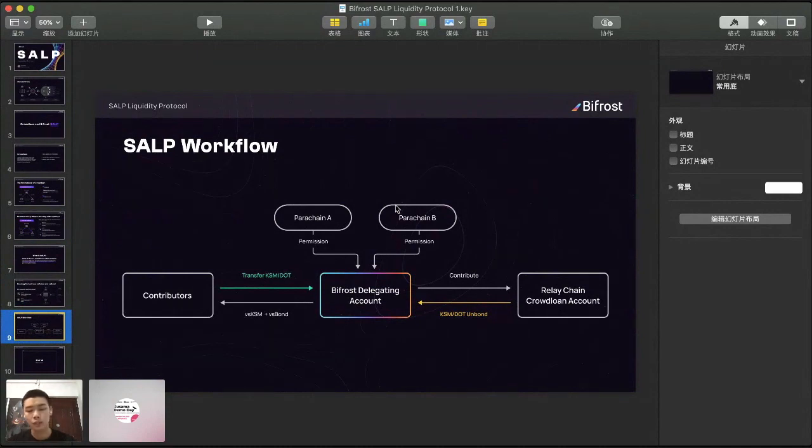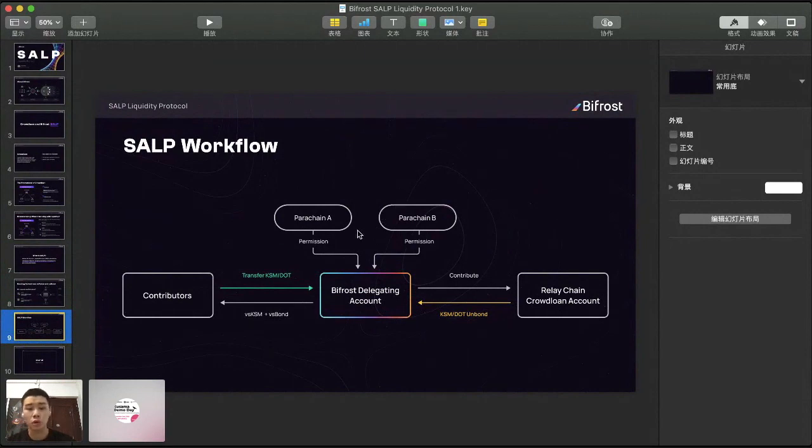That's totally decentralized, and Bifrost will confirm whether your contribution succeeded or failed, sending the information back to the relay chain and back to the parachain, and you will finish the whole procedure of the contribution.